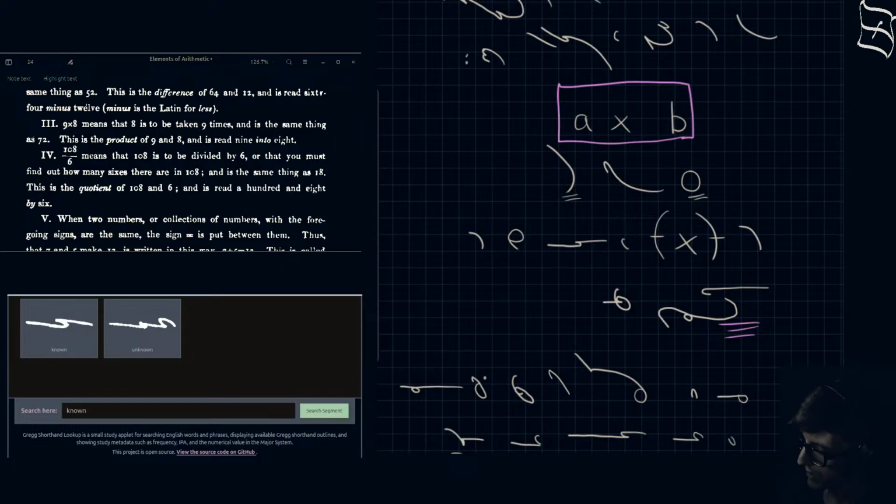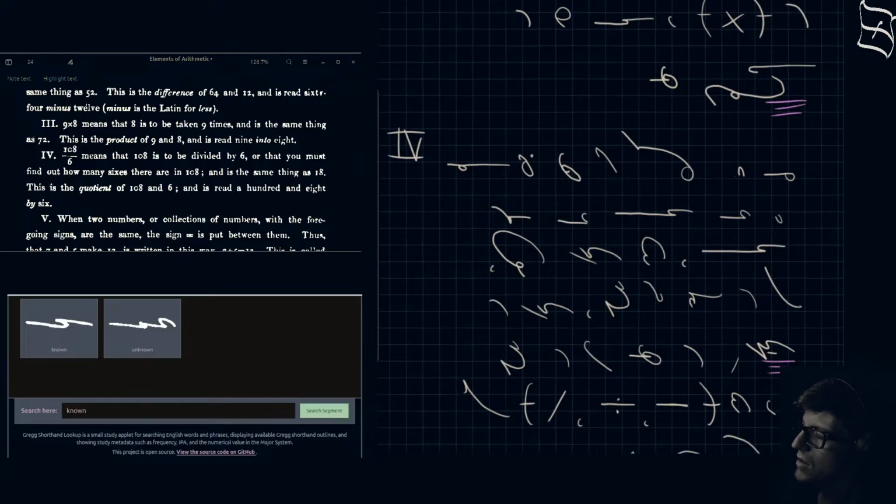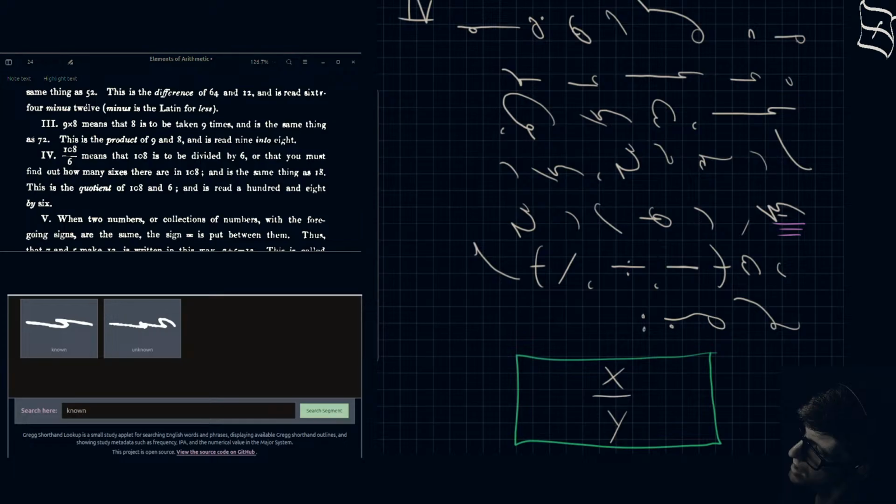Okay. Now we go down here to the fourth. Here we go. Fourth one. When you attempt to find how many of one number is in another number, this is called division, and the result of the operation is called the quotient.